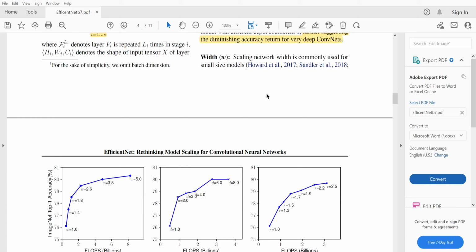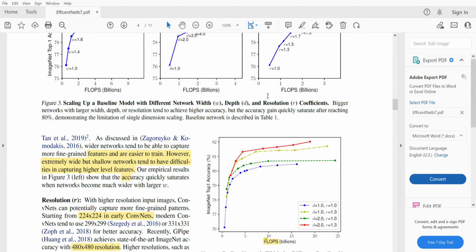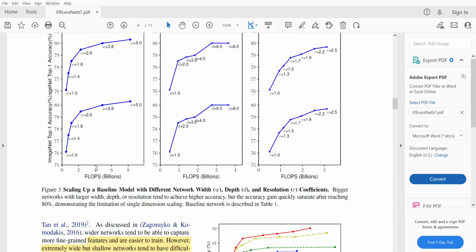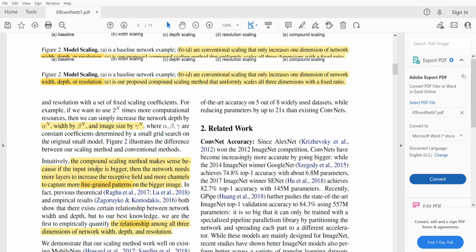What next? It is the width of the network, and they say that wider features are easier to train. Again, it does make sense. However, extremely wide but shallow networks have difficulty capturing high level features. Let me show you.